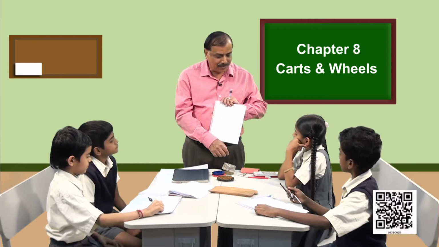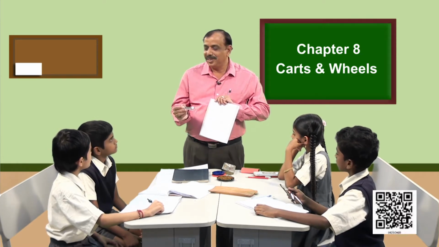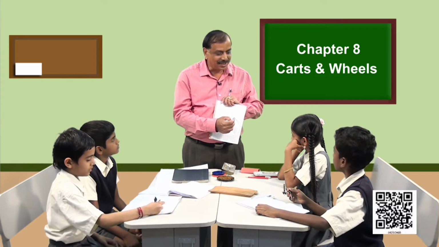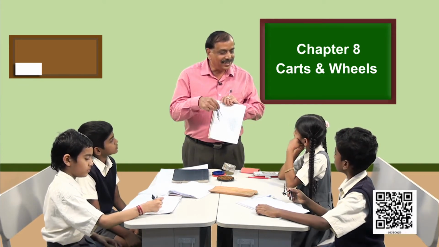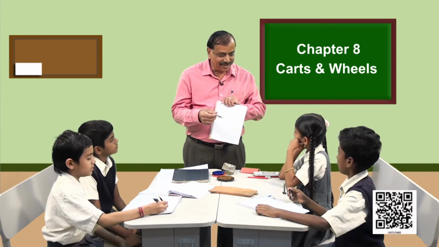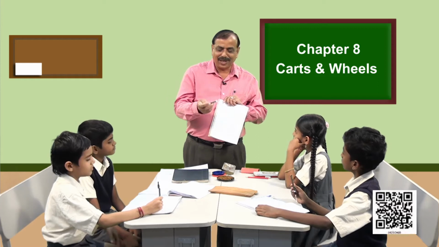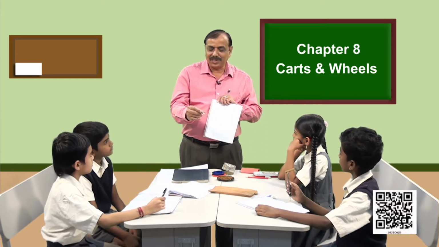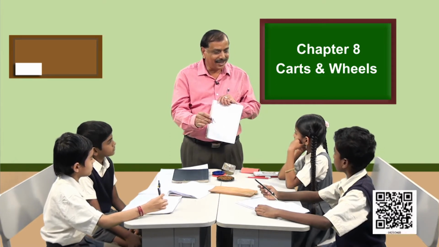So, whenever I draw a circle, I should not change the position of the center of my circle. If I change, I will not get the complete circle. And if I do not hold at the center, or if I hold the pencil and put pressure on it, sometimes the radius gets decreased or increased.